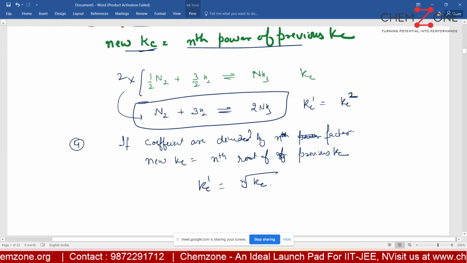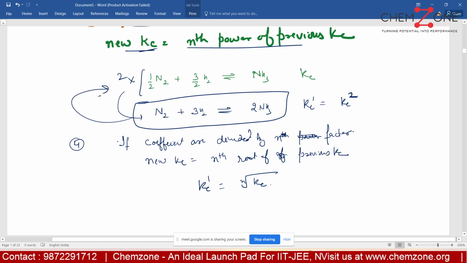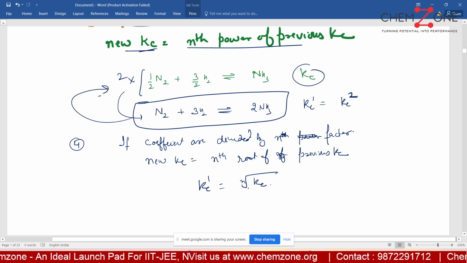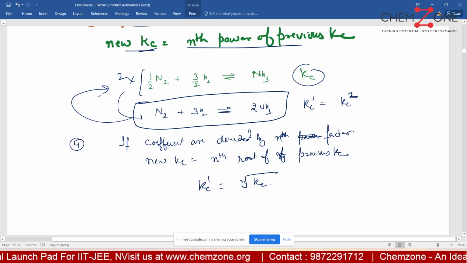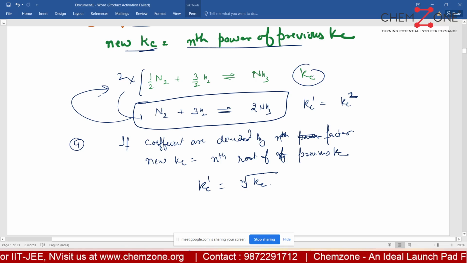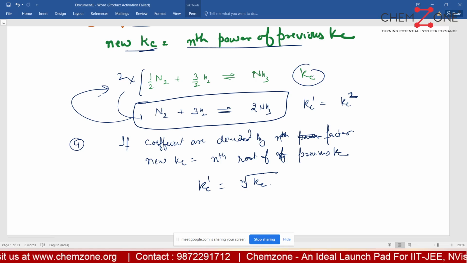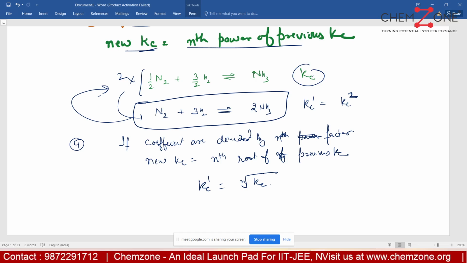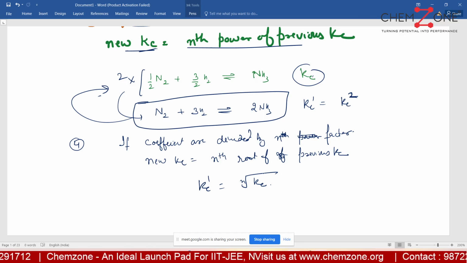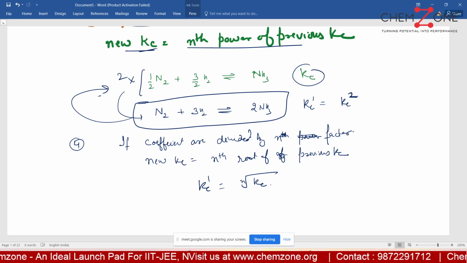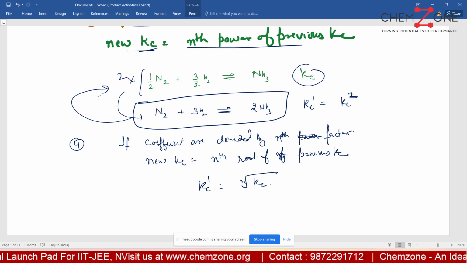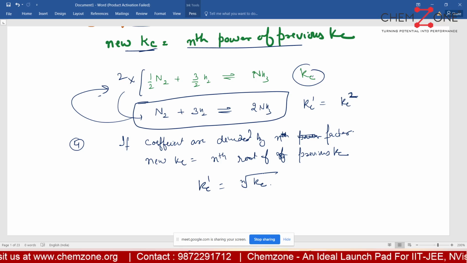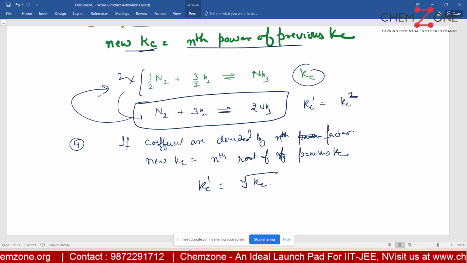I had divided this equation by 2, then only I'm getting this equation. Now this equation will be the nth root of the previous Kc. I divide by 2, so I'll get the square root of the previous Kc. If I had divided by 3, the new equilibrium constant will be the cube root of the previous Kc, and so on. Understood? Yes, sir.